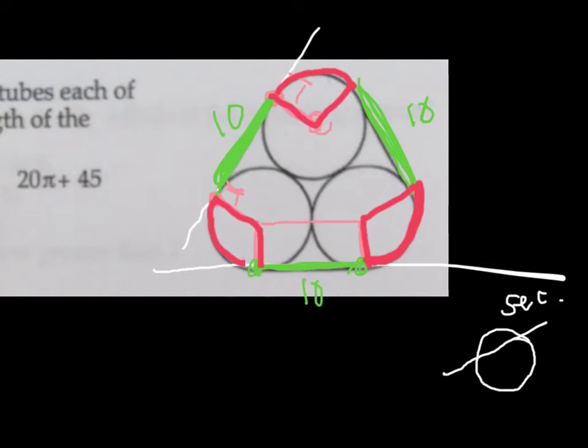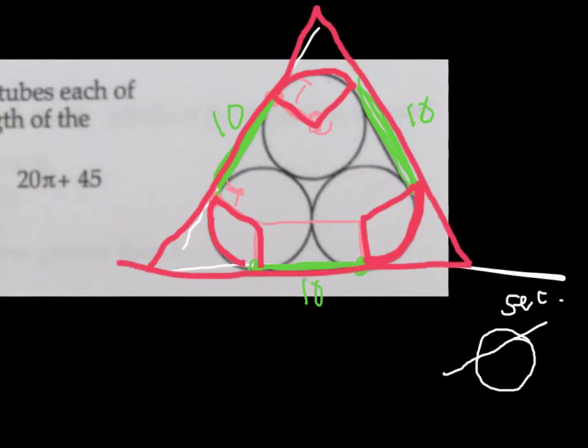Well, probably I would say we've got to look at this triangle here, and show that that triangle is equilateral, and it is by symmetry. The picture is the same no matter how we look at it.